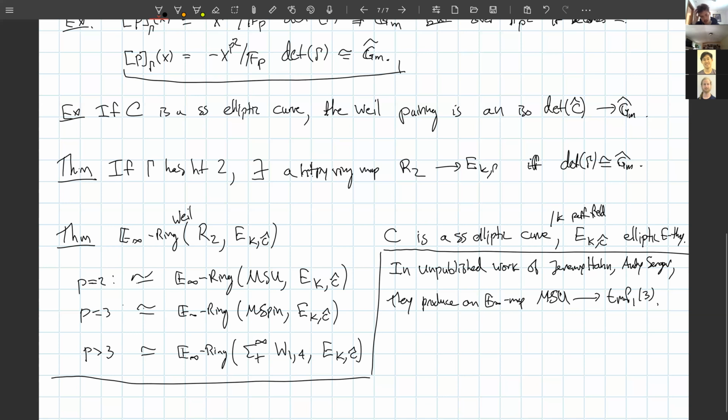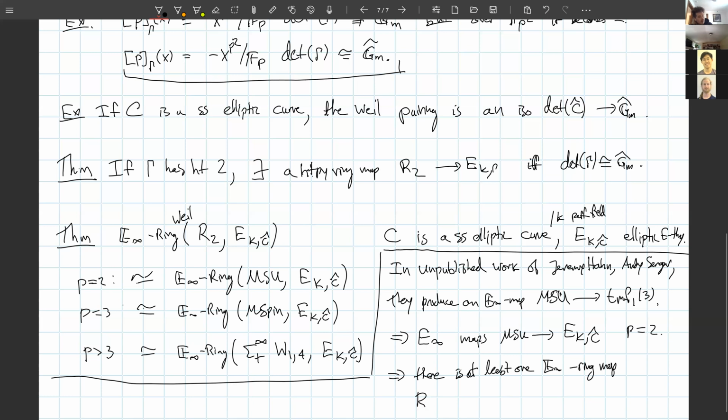So it's possible to post-compose this with E-infinity maps from MSU to elliptic E-theories at the prime 2. And so this theorem actually does tell us that there is at least one E-infinity ring map from R_2 to an elliptic E-theory at the prime 2.